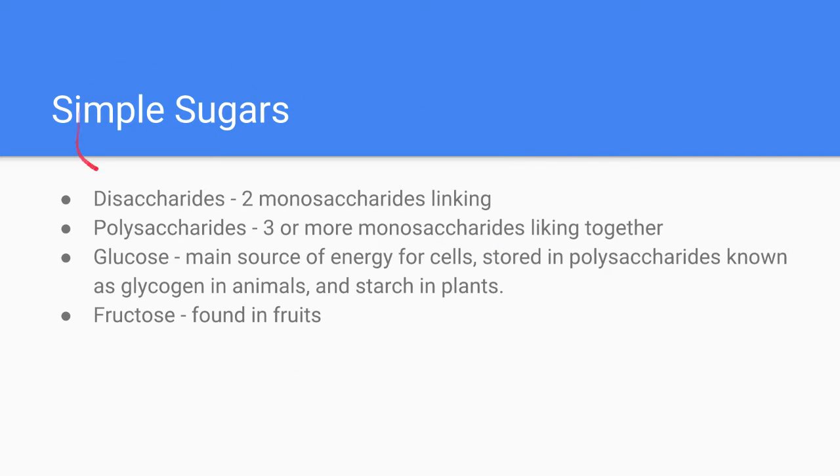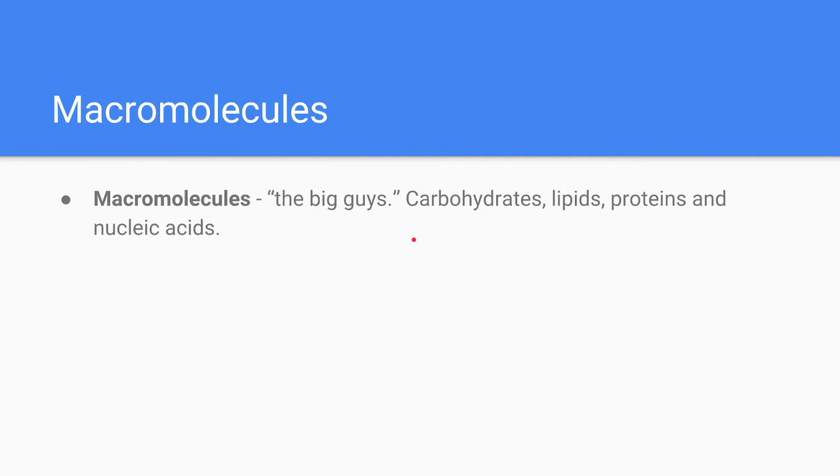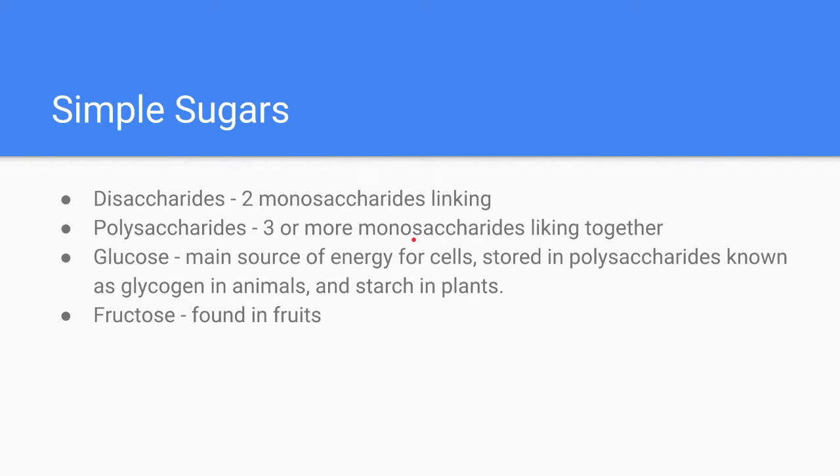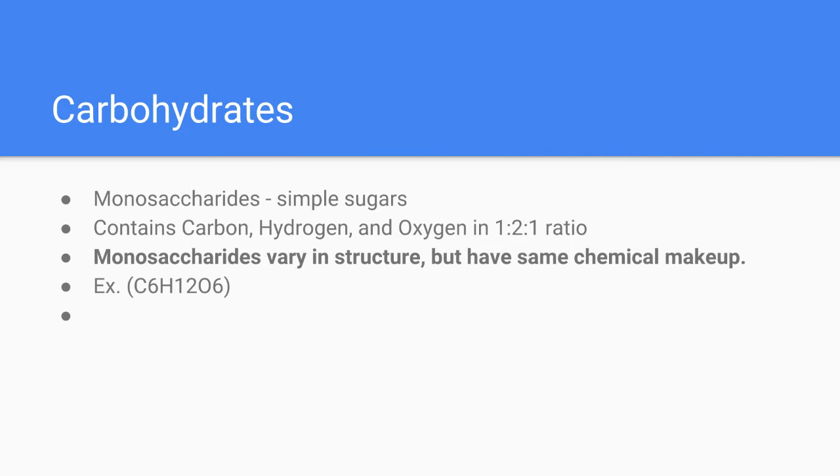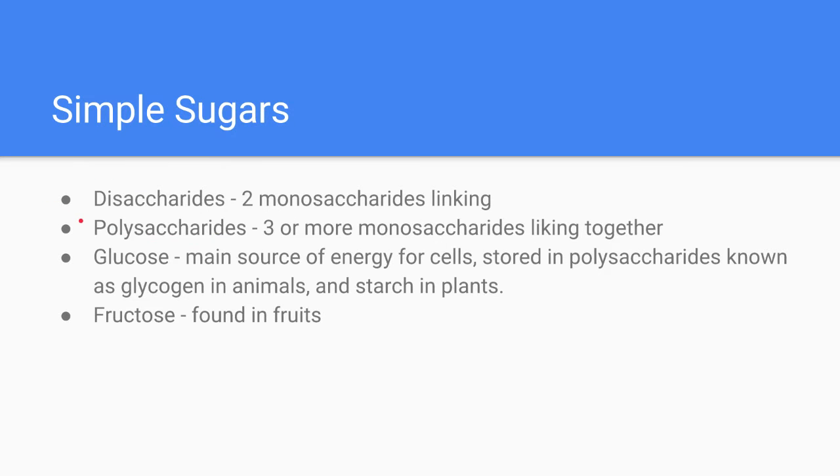Okay, simple sugars. These are carbohydrates, and they include disaccharides, which are 2 monosaccharides linking. Then we have polysaccharides, which are 3 or more monosaccharides linking together.